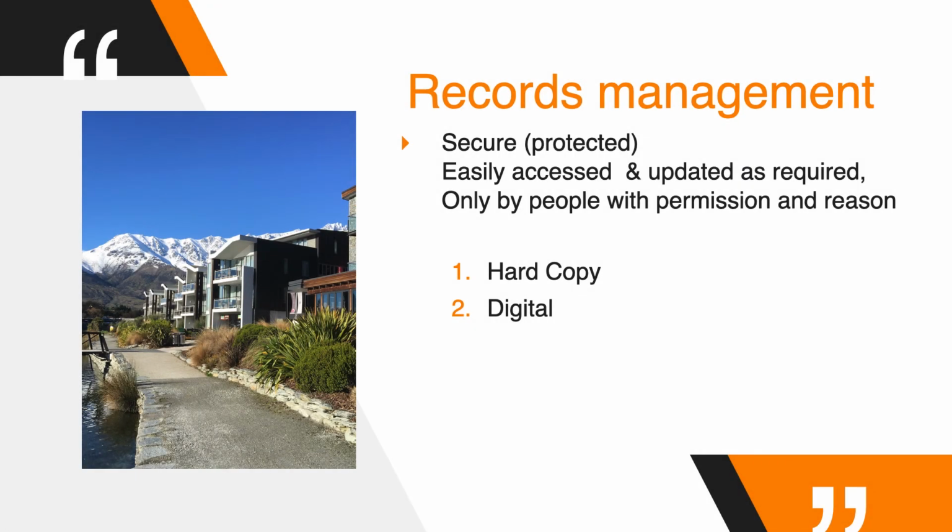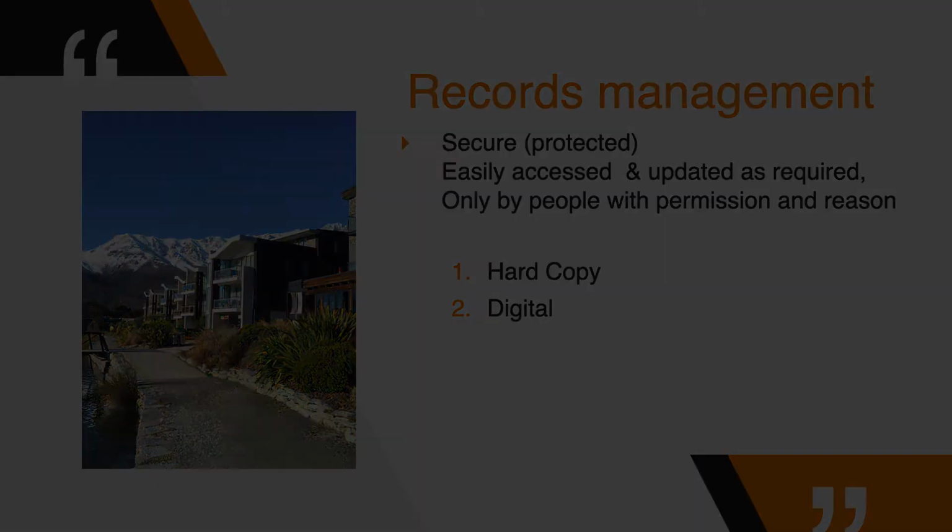We want to look at records management. We want to make sure that our records are secure, that they're protected, that they're easily accessed and updated as required, and they're only accessed by people who have permission and reason to have access to them. More and more these days, records are digital copies stored digitally, and there's lots of options for doing that, but we can also have hard copies.